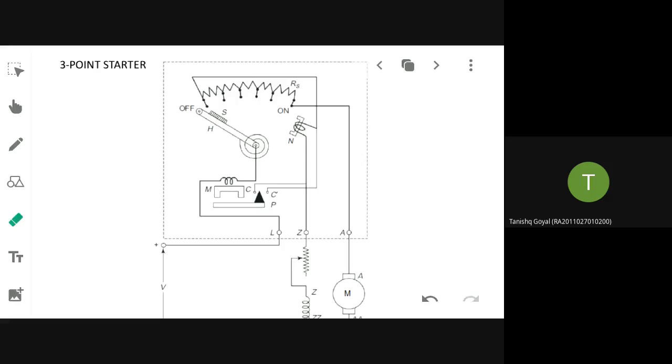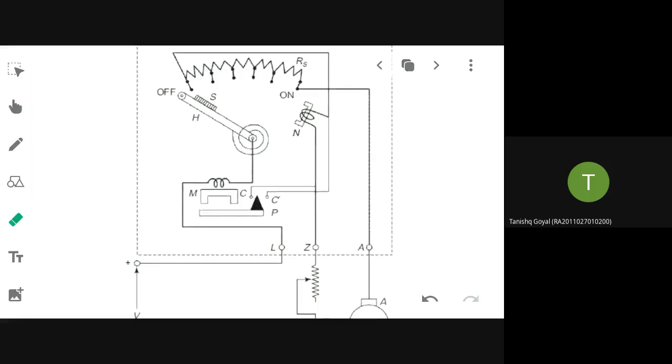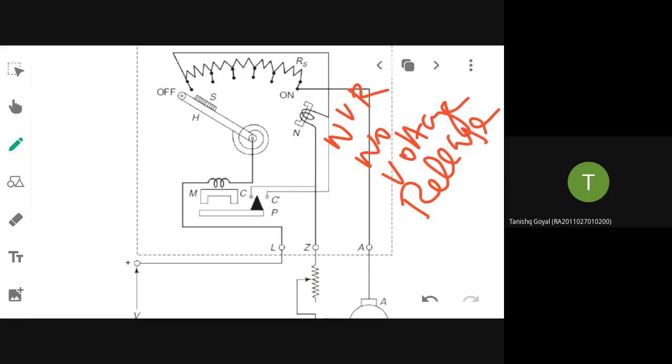Now one more thing: what are the two protective devices that are present in the circuit? You can see for yourselves this one, N is there, isn't it? That is called no voltage release. Okay, no voltage release. That is protection device number 1. And another protective device is there in the starter in the form of this arrangement.